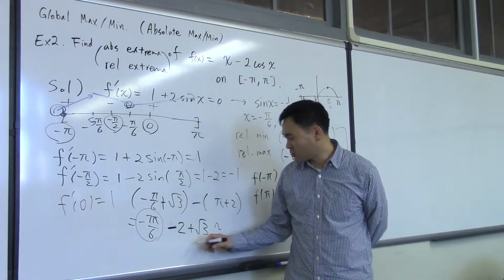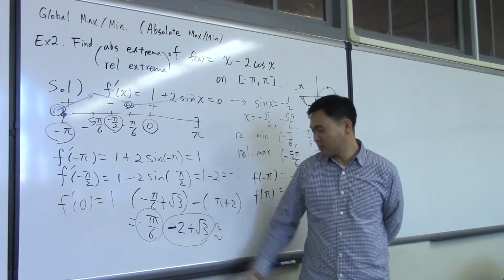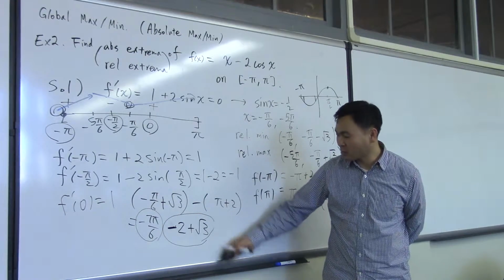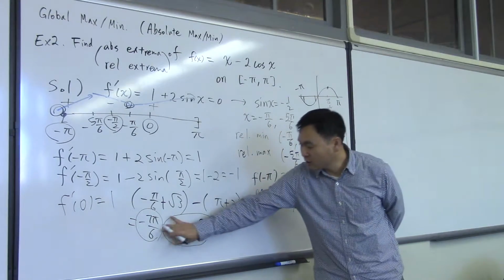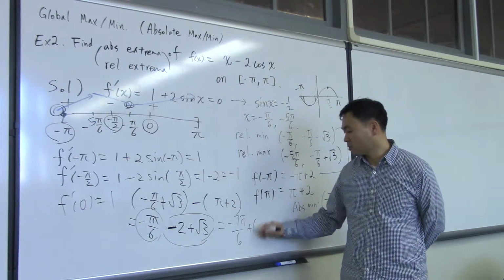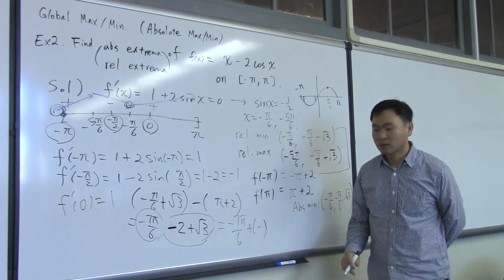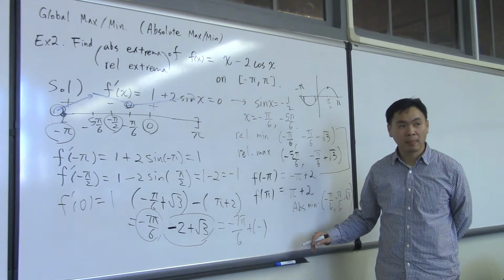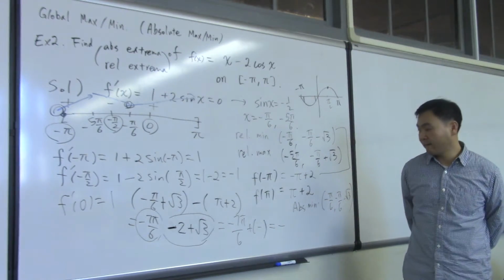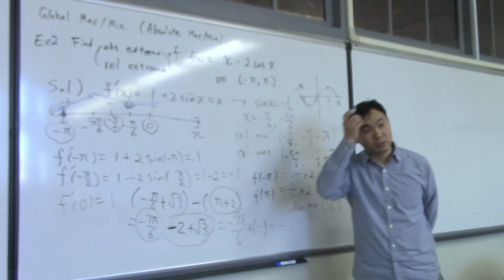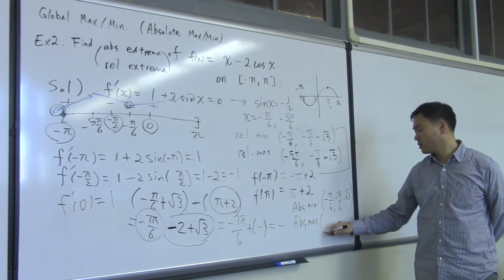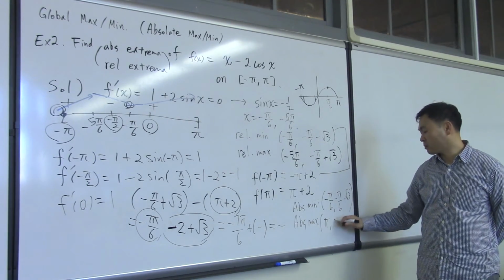Actually, we don't even have to do that. Isn't this negative? And this one's a lot easier. Minus 2 plus radical 3, is that positive or negative? Negative. So this is negative 7 pi over 6 plus some negative number. Do you get a negative or a positive? You again get negative. So which one's bigger? Pi plus 2 is bigger. So the absolute maximum is pi comma pi plus 2.